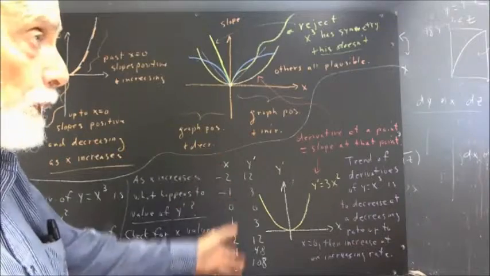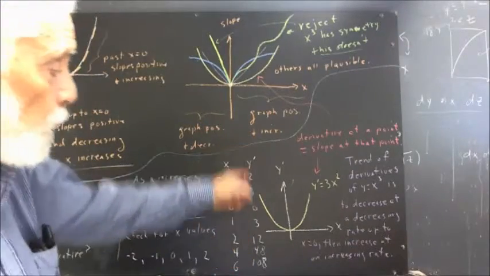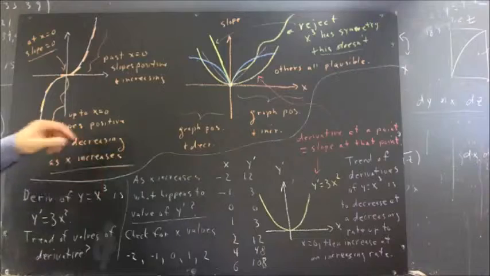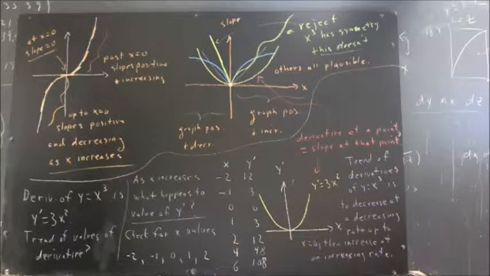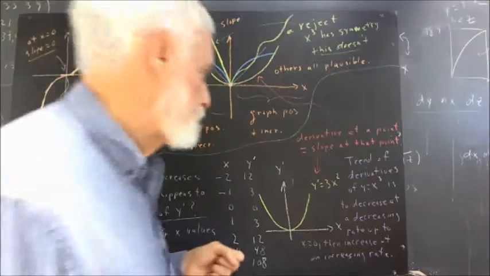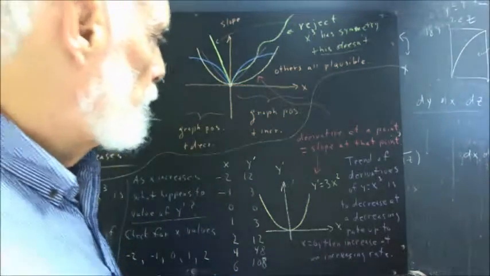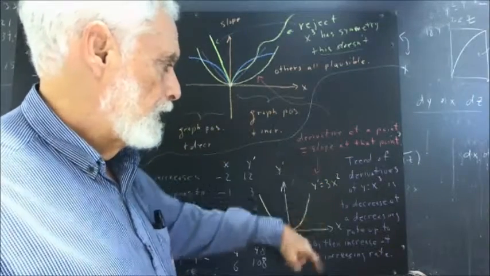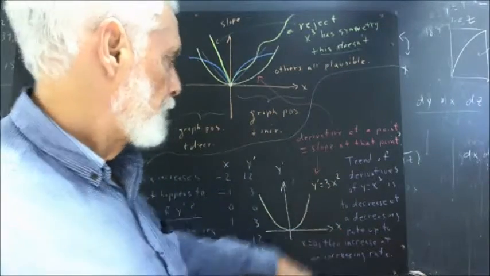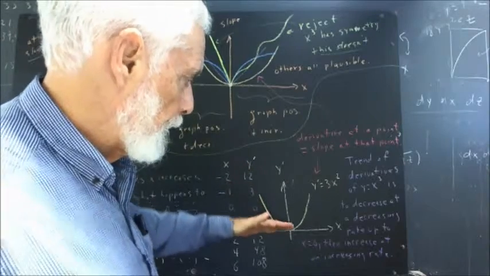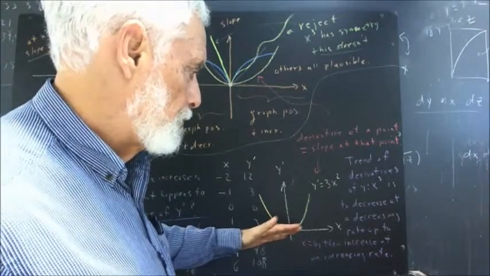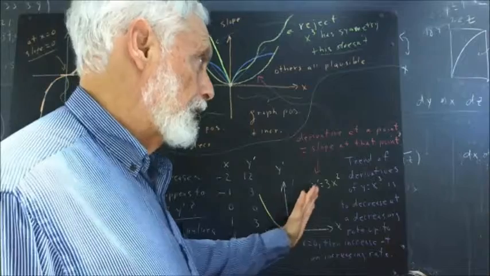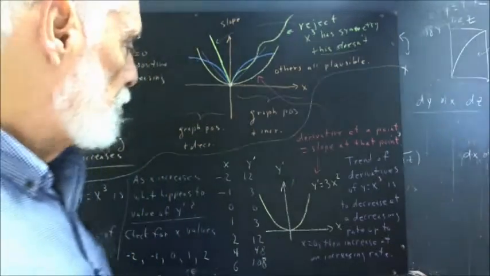So the description we would make of the trend of the y prime values is the same as the description we have for the slopes. Another way of writing that trend is that the derivatives decrease at a decreasing rate. We're decreasing but not as fast, up to x equals 0, and then start increasing at an increasing rate.